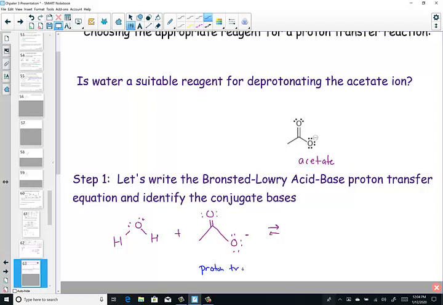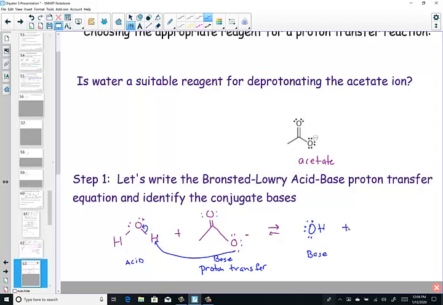But proton transfer always involves two arrows, right? The electron-rich area on the base is going to reach out for the proton on the acid. And when it does so, this bond collapses and we form conjugate pairs. The conjugate base of water is hydroxide.